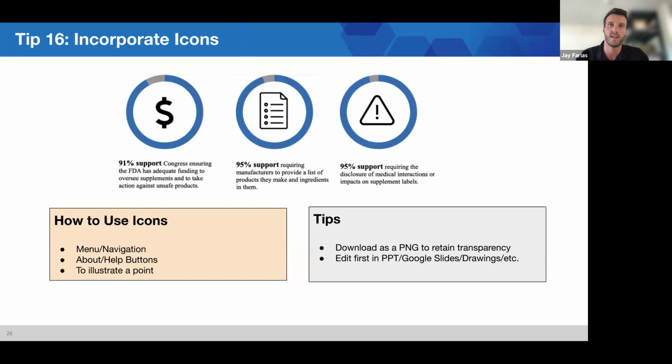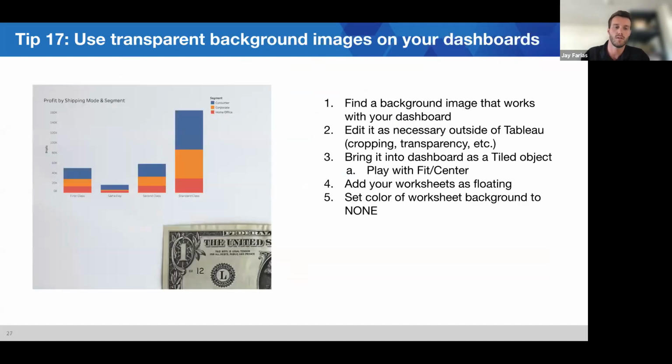You can find icons in a ton of places on the internet. A few really good resources are Freepik and the Noun Project. Just be sure when you're downloading them to download them as PNG to retain transparency, and make sure you do any editing on them before you bring them into Tableau.